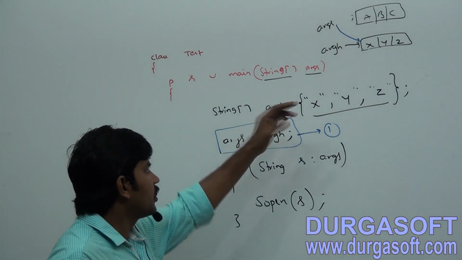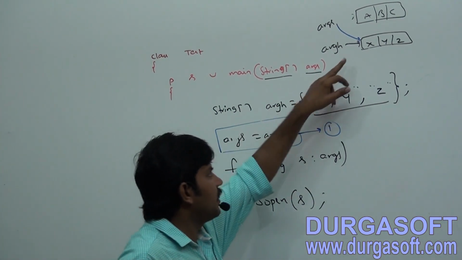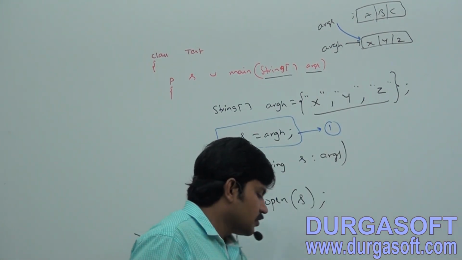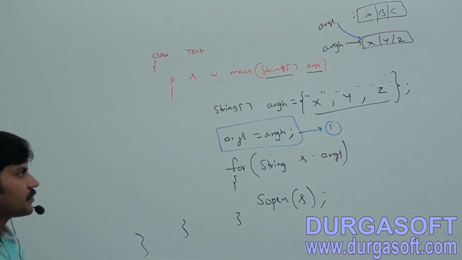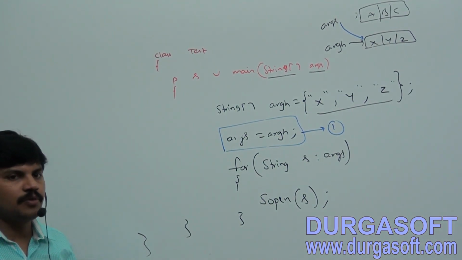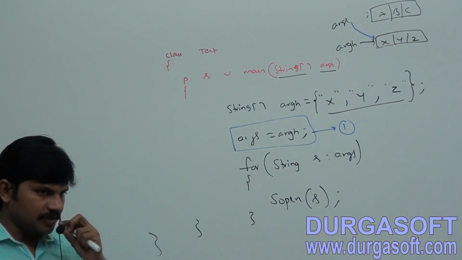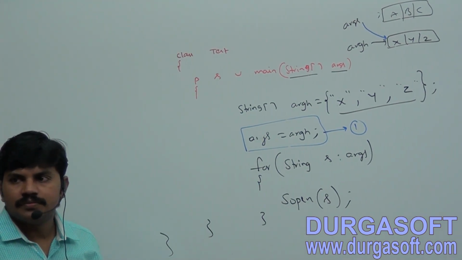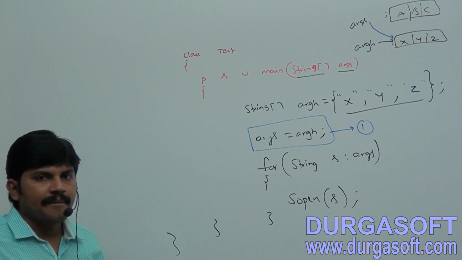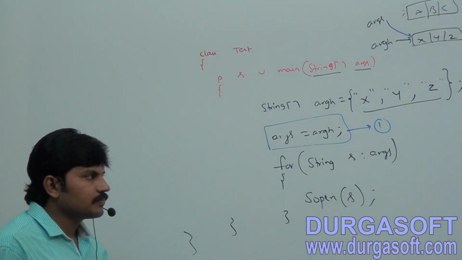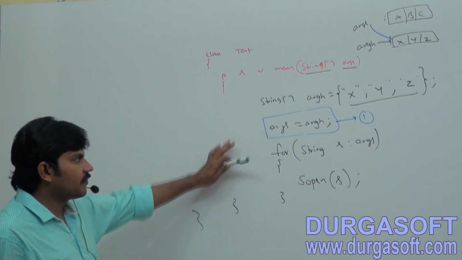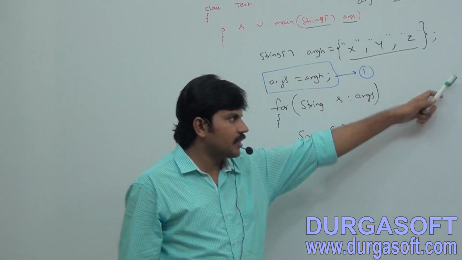If possible, take this diagram also. This is case 2, or example 2, from command line arguments. After taking this, you can take this part also.